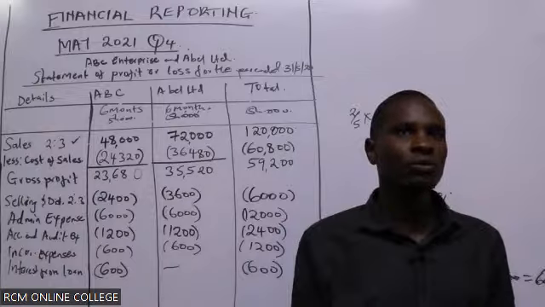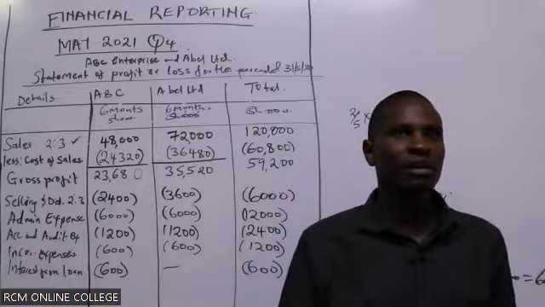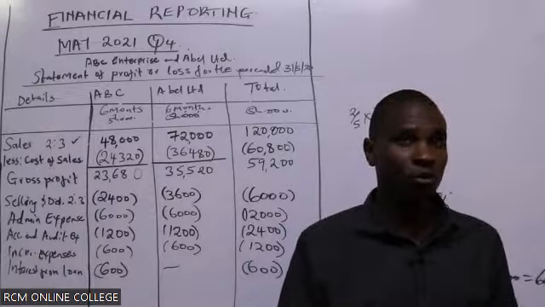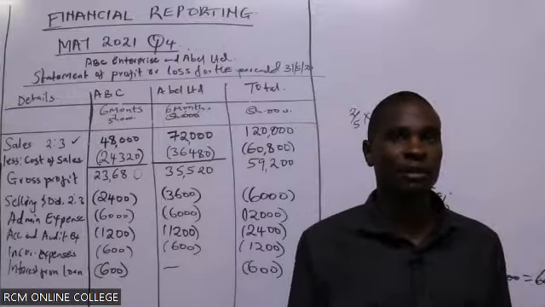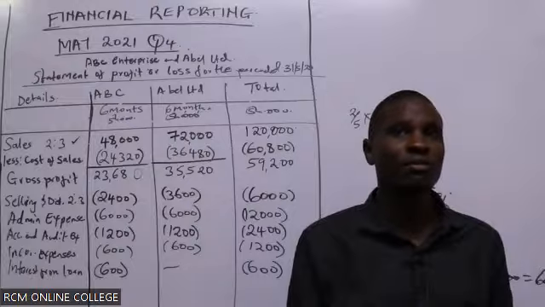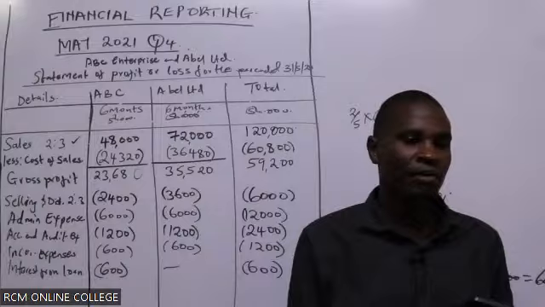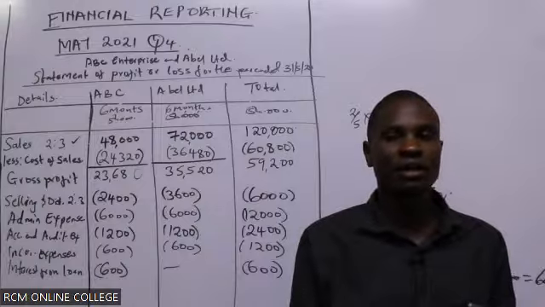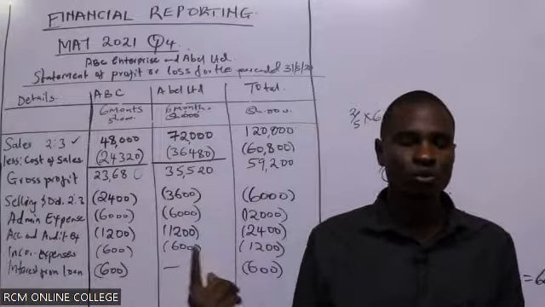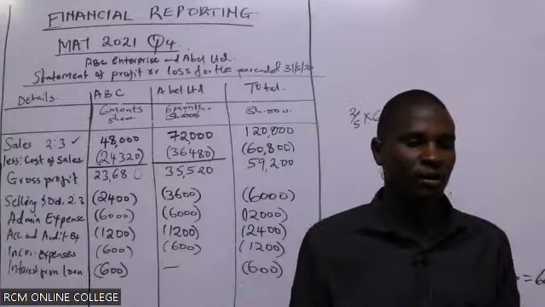Okay, it is good for you to note that we don't have goodwill when it comes to partnership. Partnership does not have goodwill. Goodwill will be found under the limited liability company, so that goodwill will reduce the income.